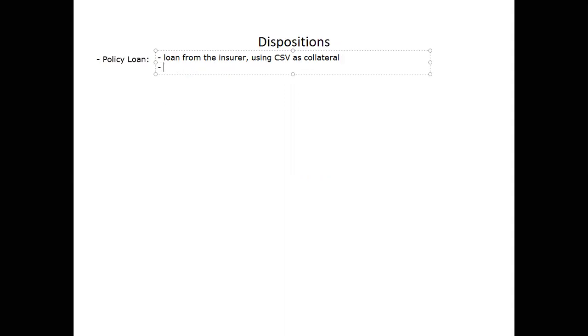It's not a third-party loan or anything like that. And I'm going to collateralize my CSV. When I do this, I can borrow up to the ACB tax-free, and over that, it's taxable.